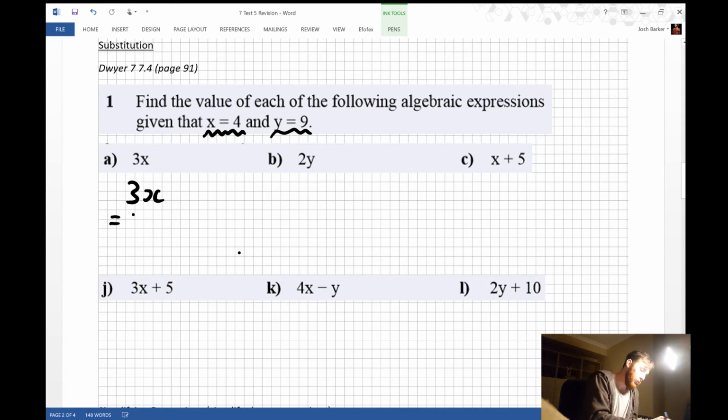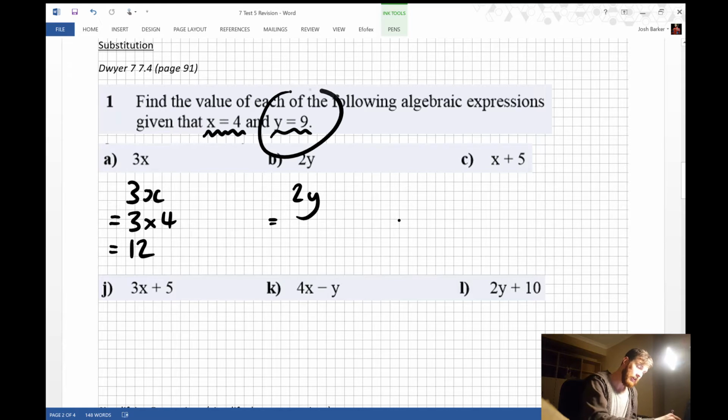So for this one, we'll swap x for a 4. So 3 multiplied by x becomes 3 multiplied by 4, which is 12. Easy. Similarly for the second one, 2y, because we're told what y is, it's 9 in this case. It's a substitution question. So 2 multiplied by y becomes 2 multiplied by 9, which is 18.